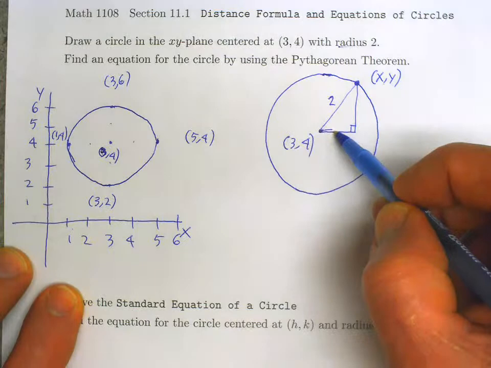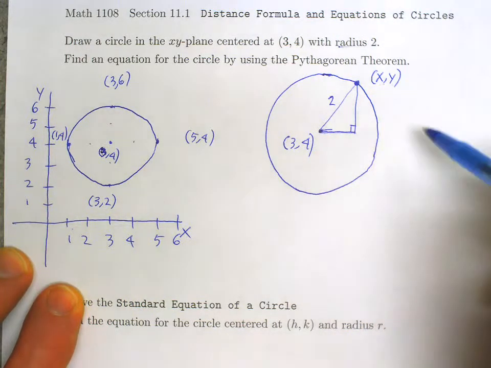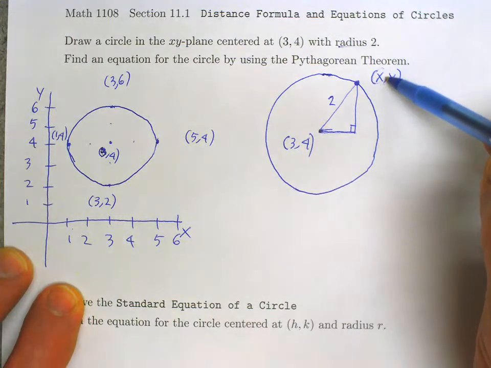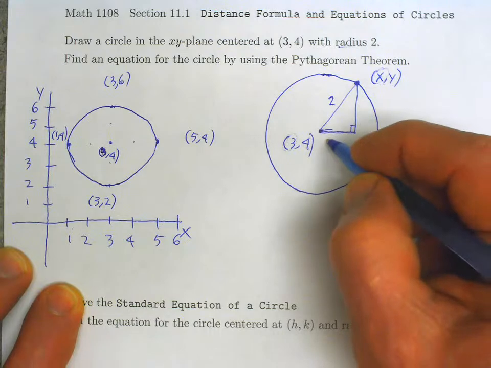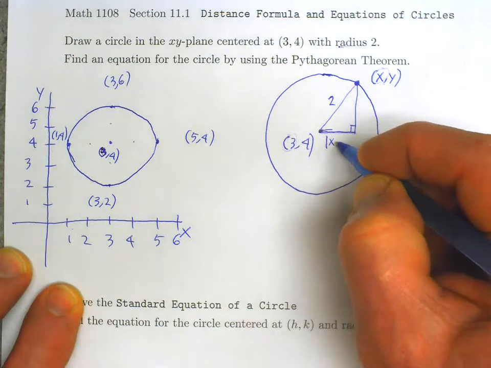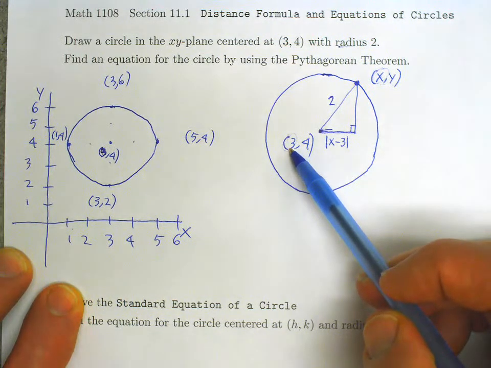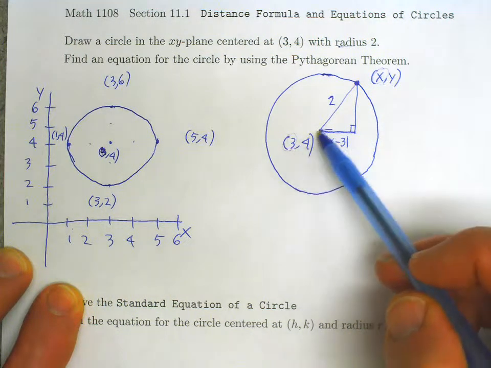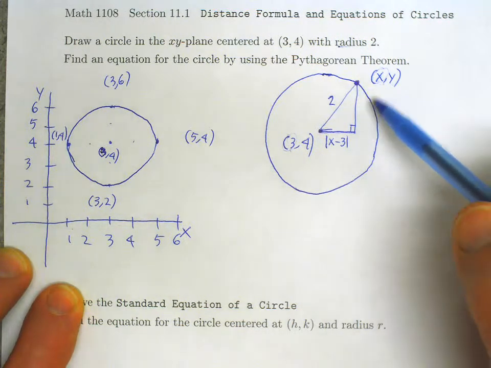The length of the horizontal side of this right triangle is the absolute value of the difference in the x coordinates. So I'm going to write the absolute value of x minus 3, right? Because 3 is the x coordinate of the center, and x represents the x coordinate of any point that's on the circle.